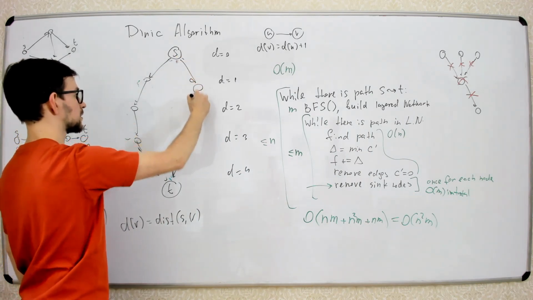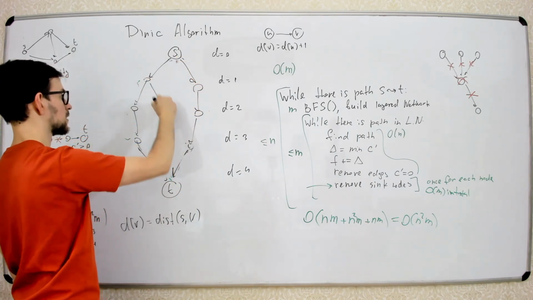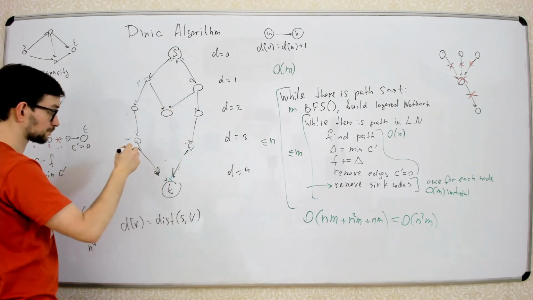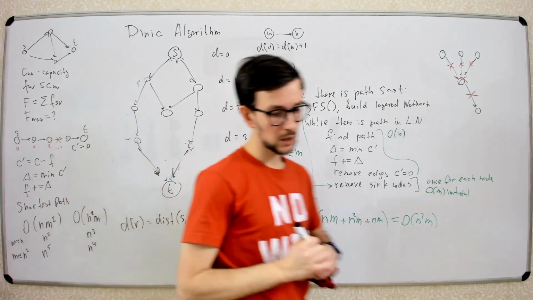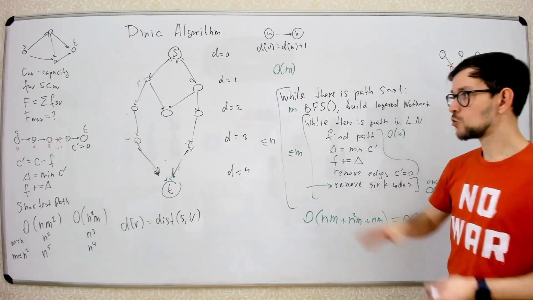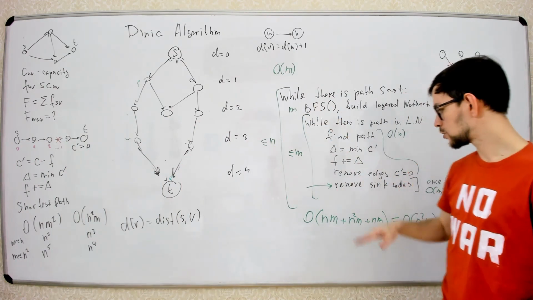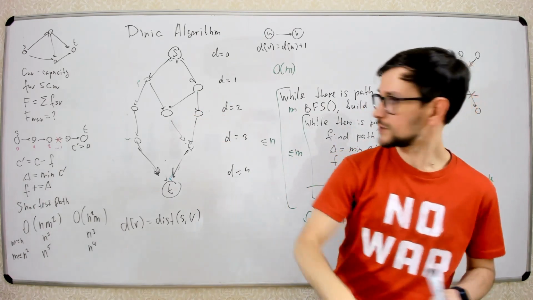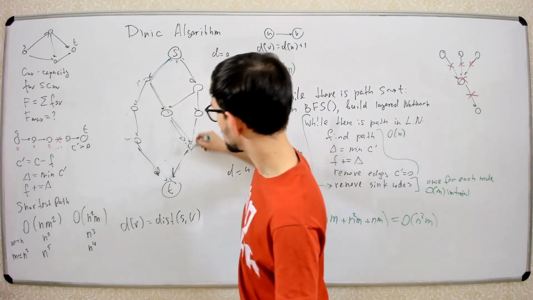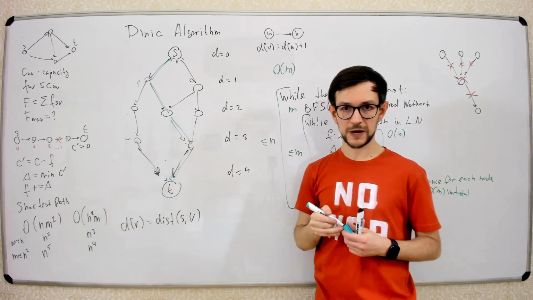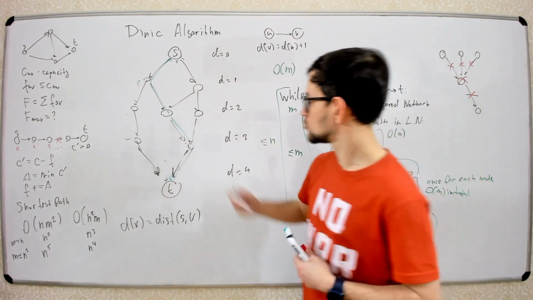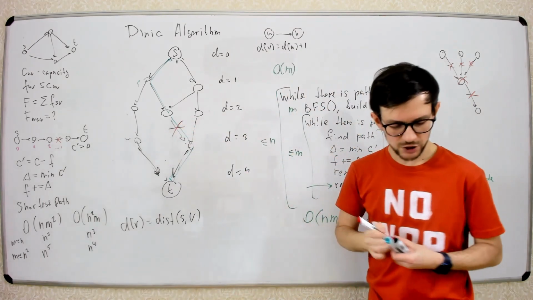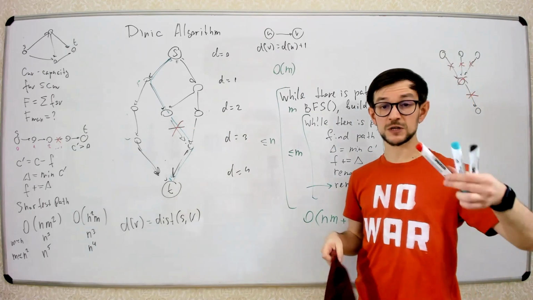So again, you have something here, and here you have a sink node. You can leave this sink node for now. What happened? You found this path, for example. This edge became saturated.